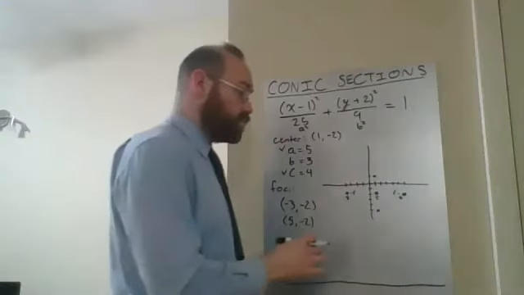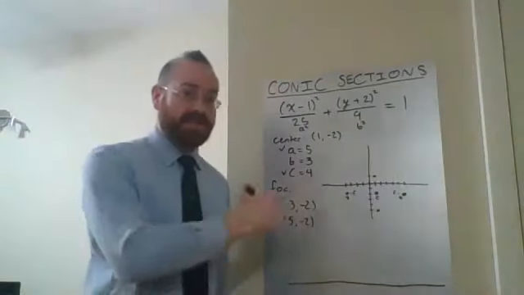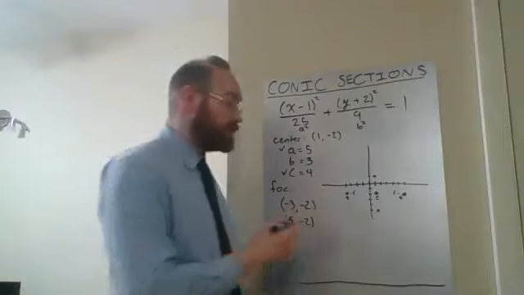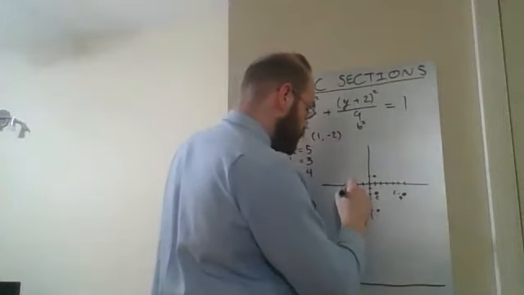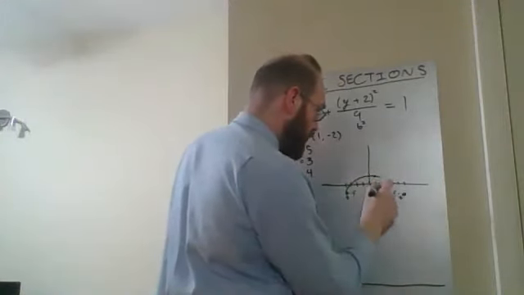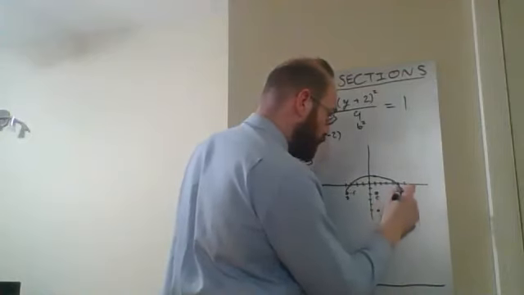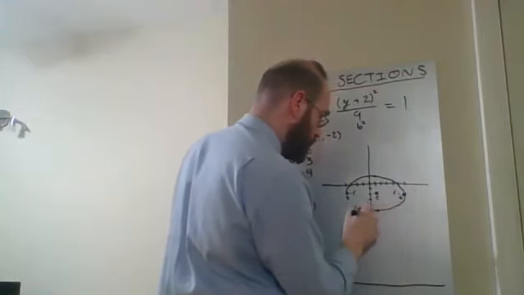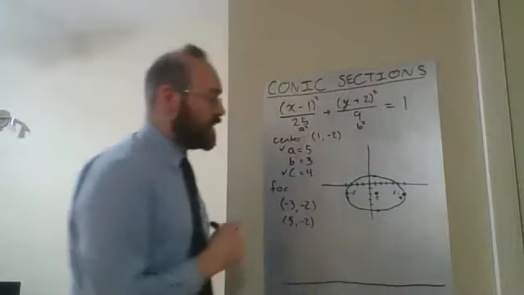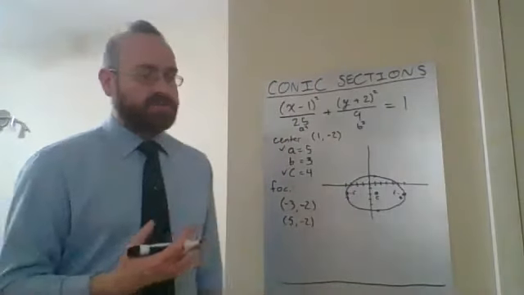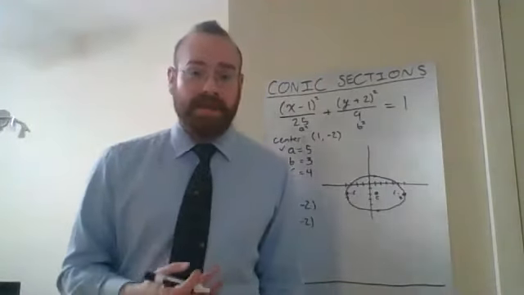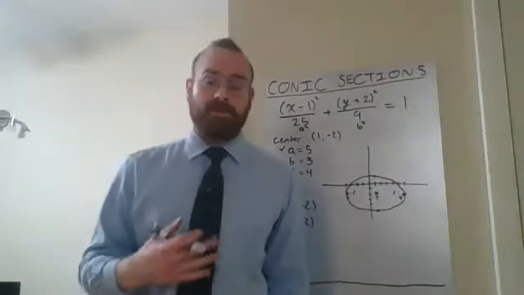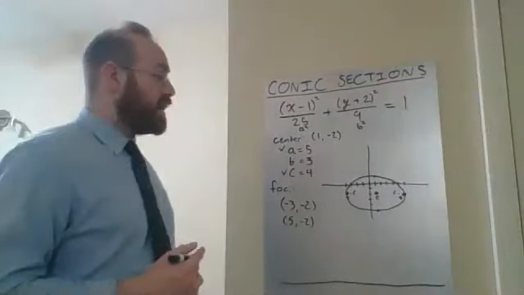Because just as once we got to this stage with a circle, we connected all the dots, that's really what we have to do now. So we end up with this shape. Anything hand-drawn is most likely going to be a little bit lumpy and look more like a potato than a perfect ellipse, and that's okay.